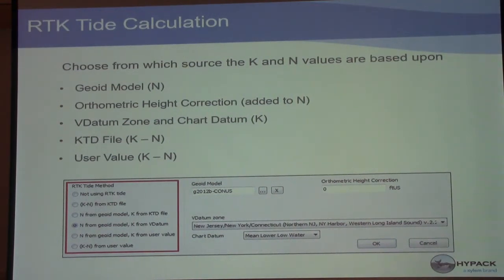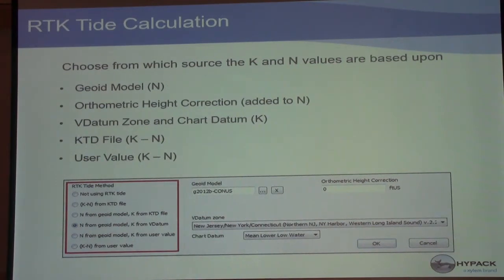And was there anything else I was mentioning about that? There was a question last year, and I've been trying to run through the slides because they've been a little bit sloppy. Where is it K minus N or N minus K? I was talking to one of the programmers, and I've been verifying and going through all the presentations. It's actually K minus N. The reason he explained to me is that when we were doing this stuff, the RTK, there was maybe a world geoid model, and a couple of very low level NGS models too that really weren't worth much.